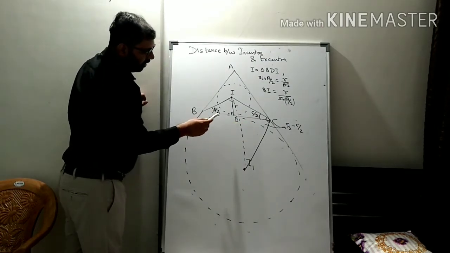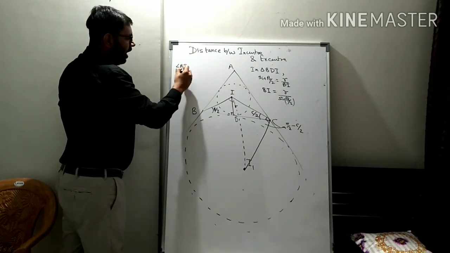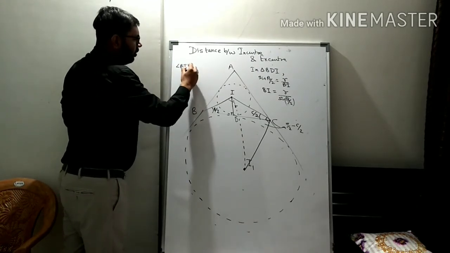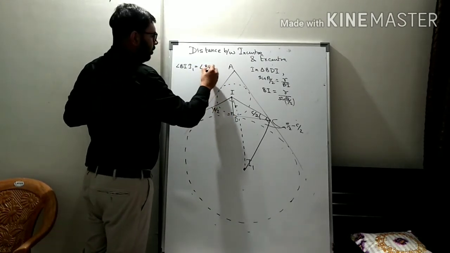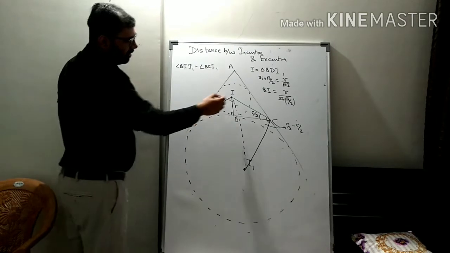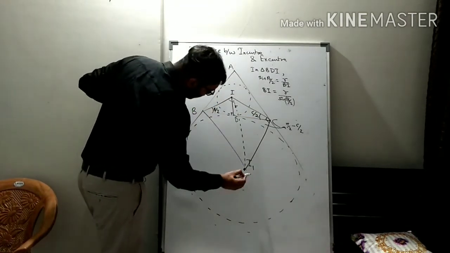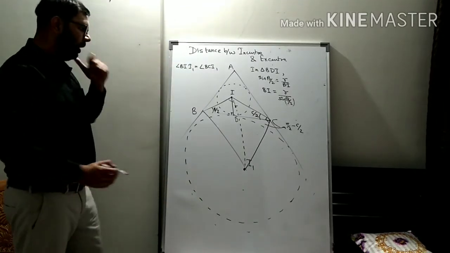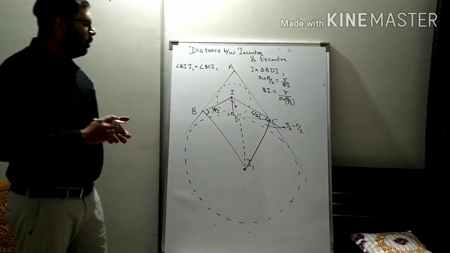Now we focus here. Angle BII1 will be equal to angle BCI1, angles in the same arc, because this is a cyclic quadrilateral. BIC and I1, this is a cyclic quadrilateral, since these two angles are 90 and opposite angles are supplementary.